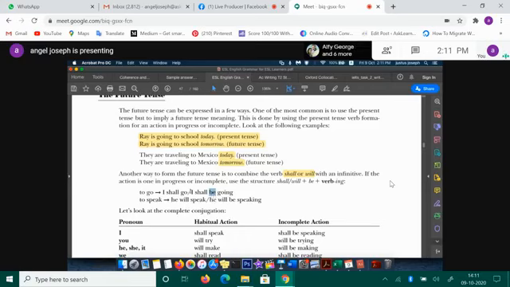And so two forms of future tense we understood. One is the simple future, I shall go, I will go. Or I will be going.